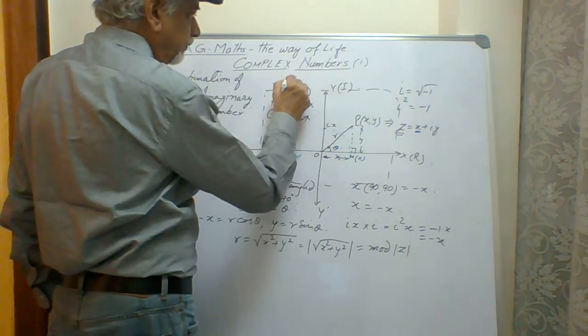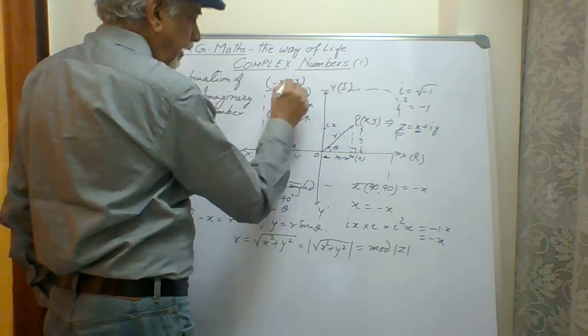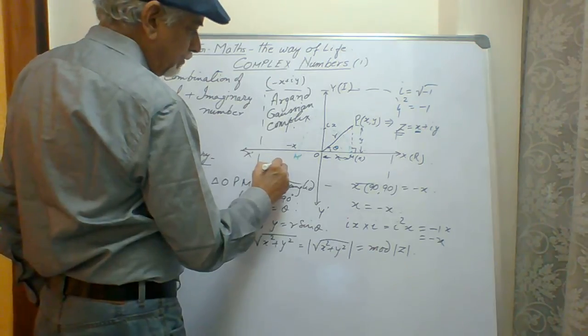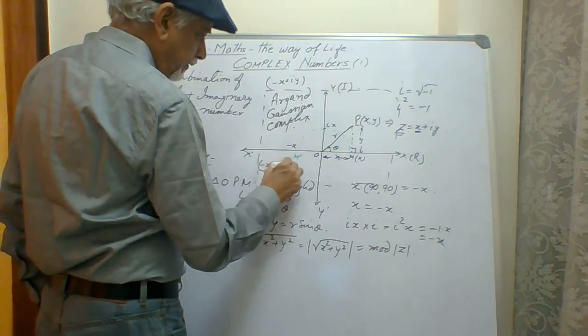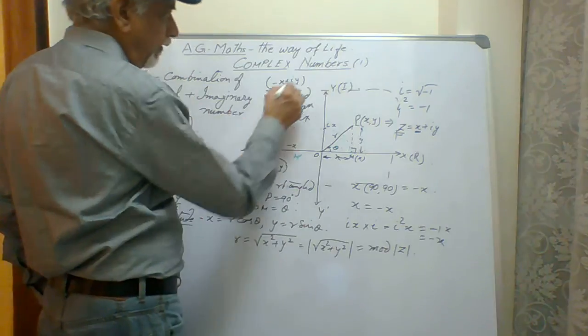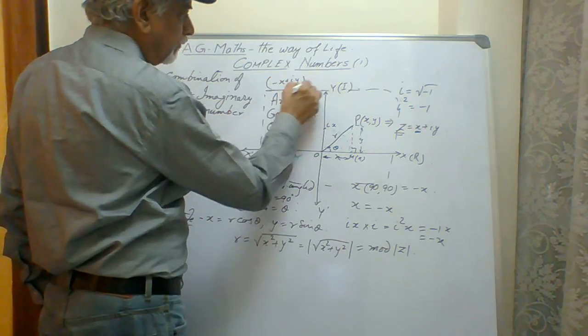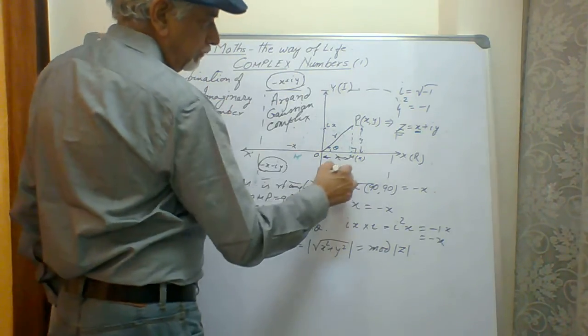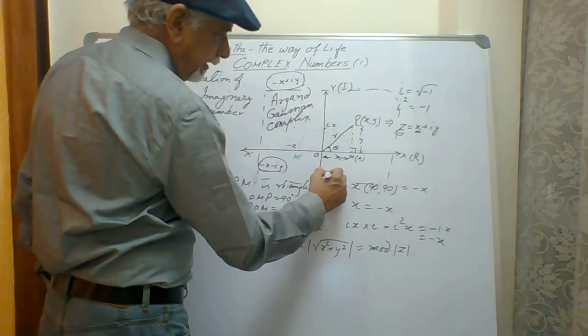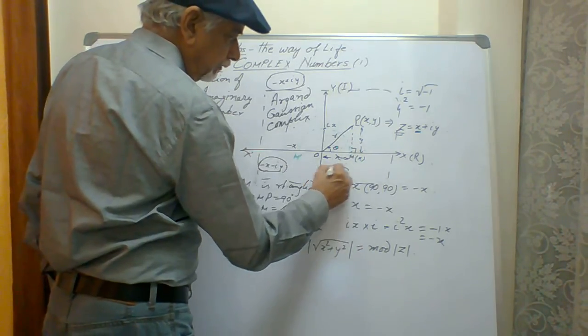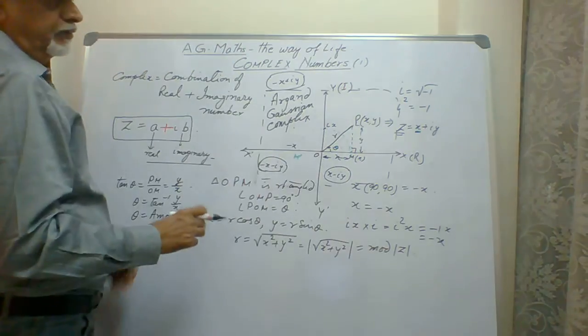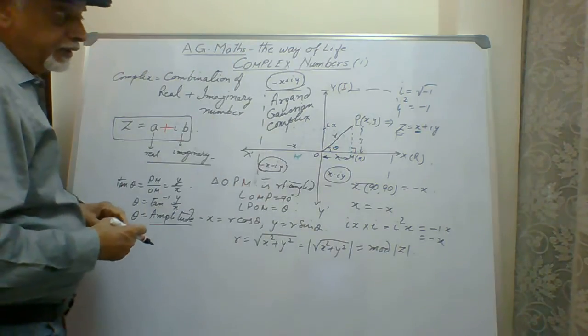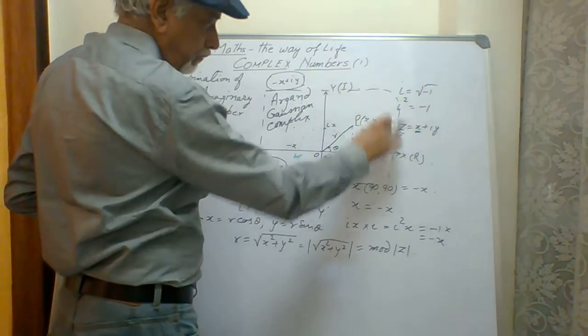appear in this quadrant. And in this quadrant, minus x minus iy will appear. Both are negative. Here x is negative, y is positive. Here x is positive, y is negative. So x minus iy. As we have seen earlier in coordinates as well, x and y are both positive here.